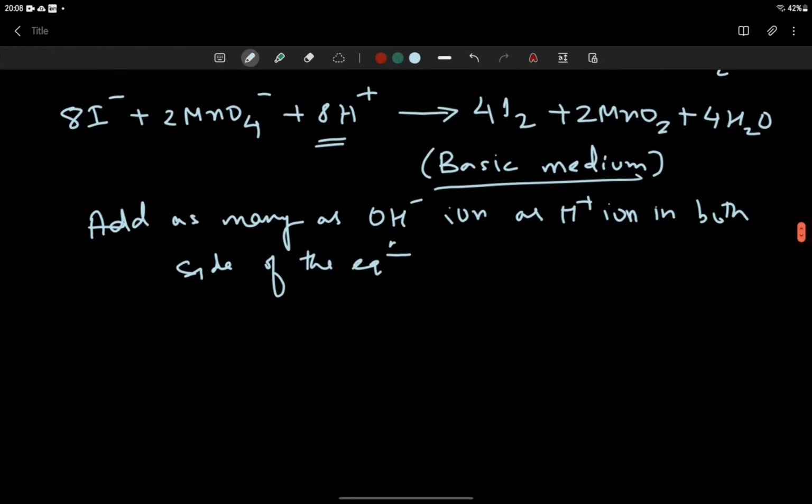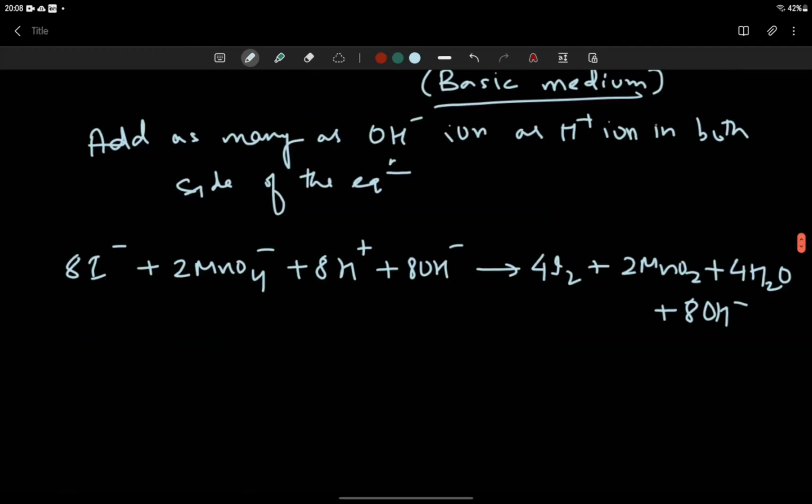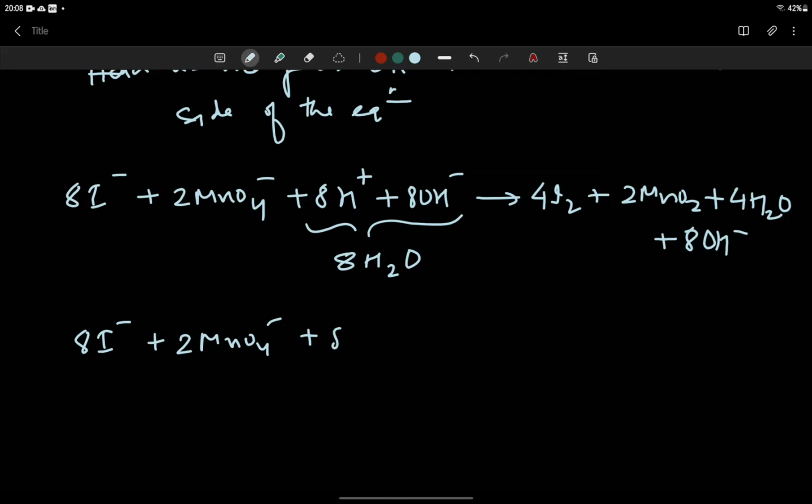Okay, so we can do this: 8I minus plus 2MnO4 minus plus 8H plus plus 8OH minus gives 4I2 plus 2MnO2 plus 4H2O plus 8OH minus. Okay, now the 8H plus and 8OH minus become 8 molecules of water. So 8I minus plus 2MnO4 minus plus 8H2O gives 4I2 plus 2MnO2 plus 4H2O plus 8OH minus.